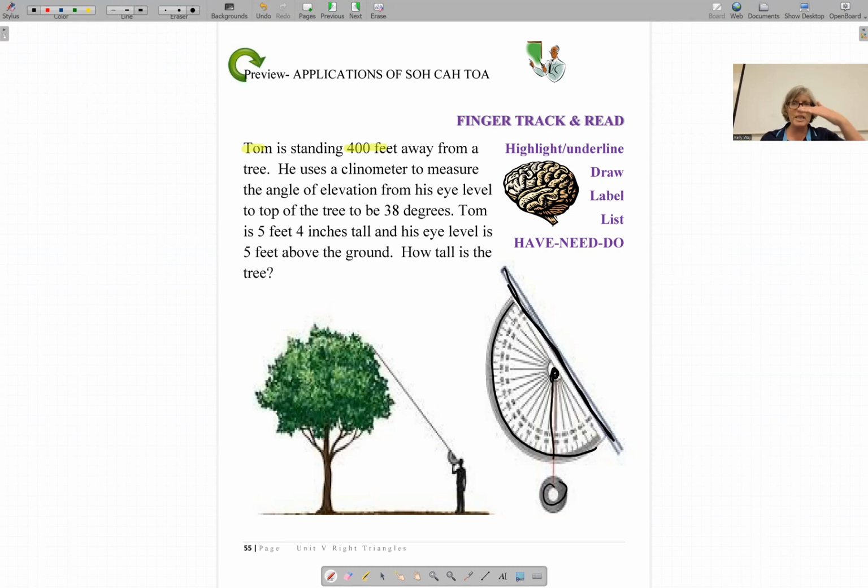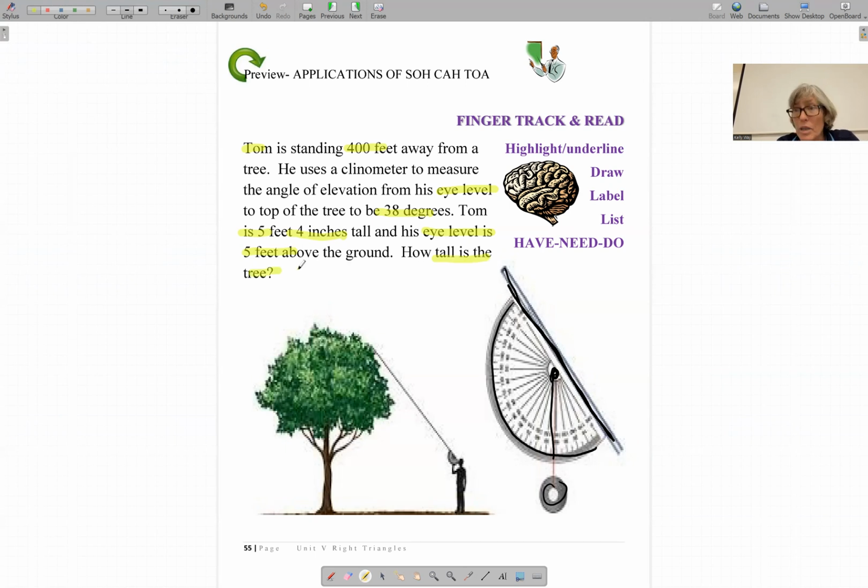So as you would tilt it, it would measure angles of elevation. That's a clinometer. So you have, puts it at eye level and to the top of the tree is 38 degrees. Tom is 5 feet 4 inches tall and his eye level is 5 feet above the ground. How tall is the tree?